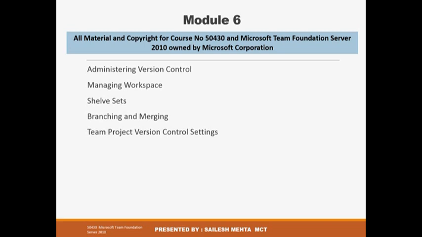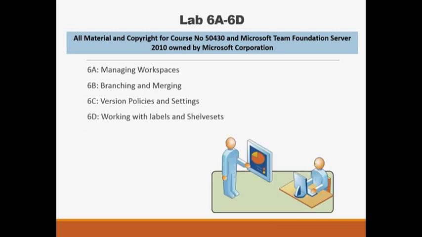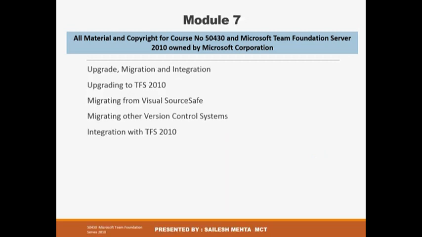Shelf sets are basically used so you can save data that you're working on which you're not ready for, and then you can recover it later on. Branching and merging, how to use those two functions in TFS, and of course team project version control settings. So all this in module 6.